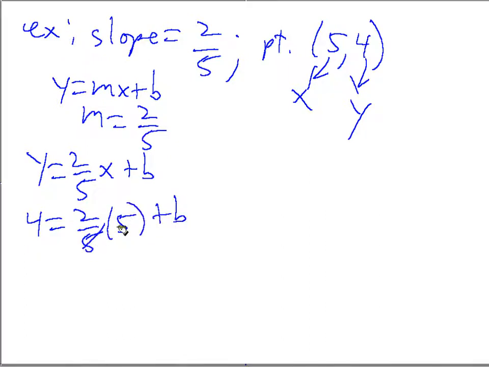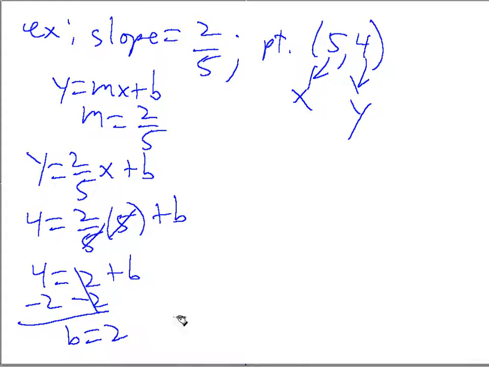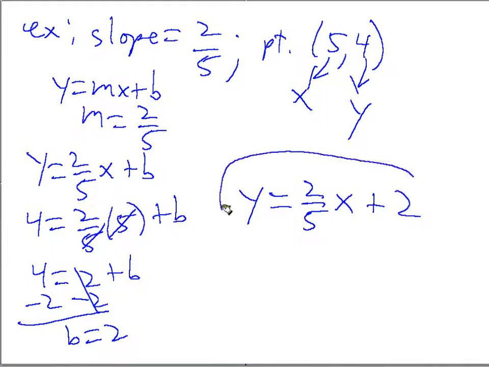The 5's cross cancel on the fraction multiplication, so 4 equals 2 plus b. Subtracting 2 on each side, I get b equal to 2. Therefore my final answer is y equals mx plus b, so 2/5 x plus 2.